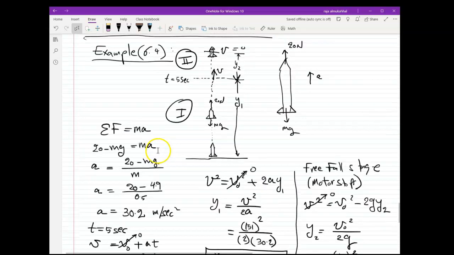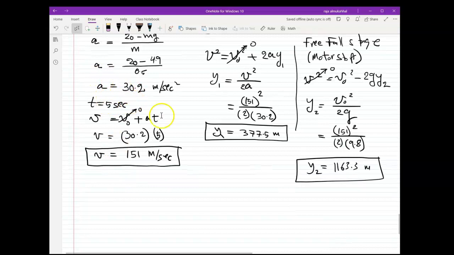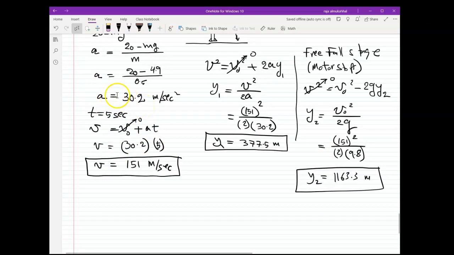So I can use F equals ma to find the acceleration. What are the forces on it? Well, I got the thrust of 20 and the weight. Those are the only 2 forces that I know of. So 20 minus mg equals ma. I'm going to solve for the acceleration, and this gives me a equals 30.2 right here.